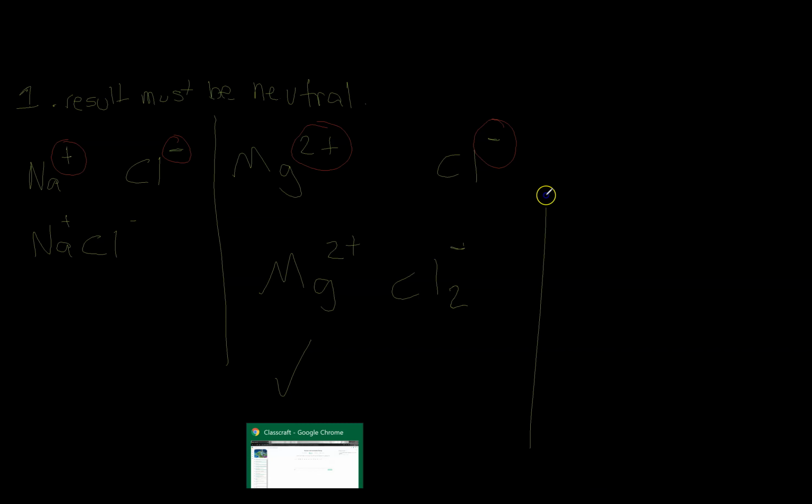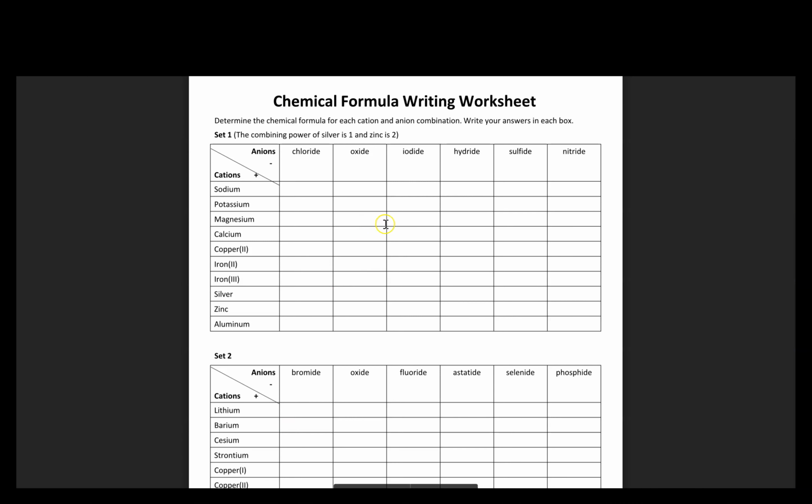If I was to look at a random example, something from the task sheet, let's say we take calcium and I'm going to do iodide. One of the rules here is that the anion, which is the non-metal, always or nearly always becomes an -ide.